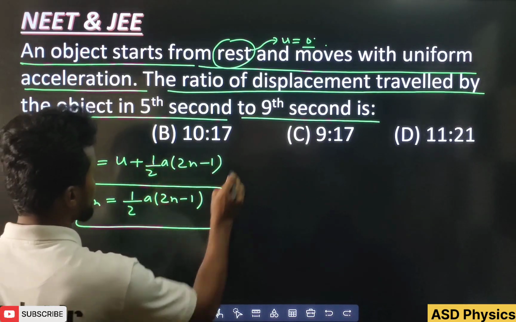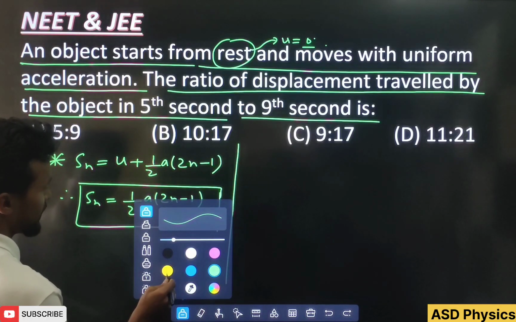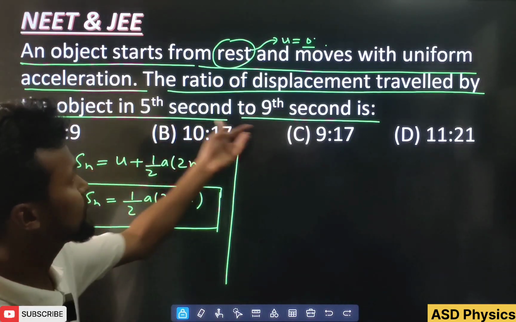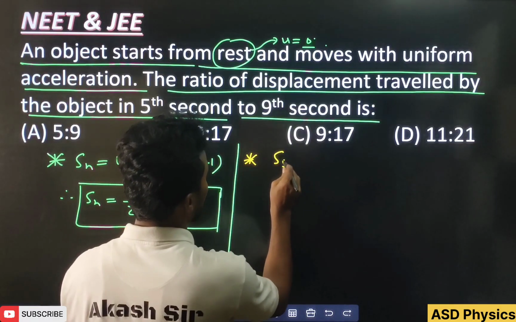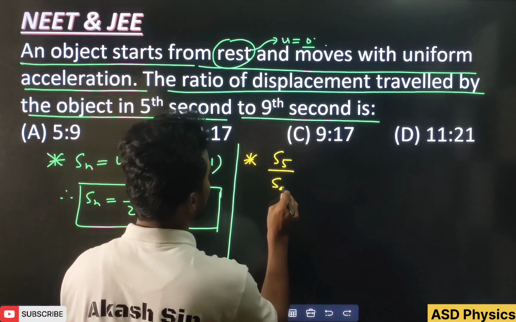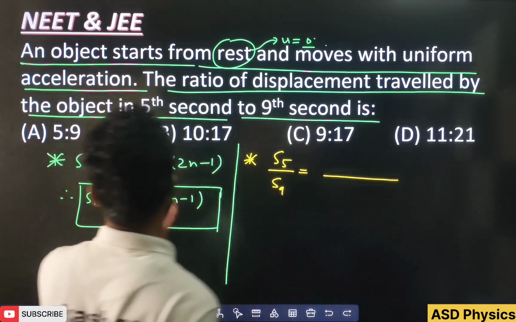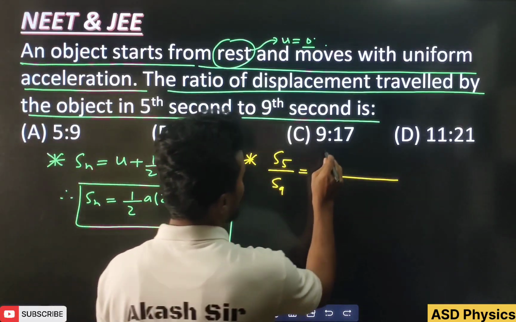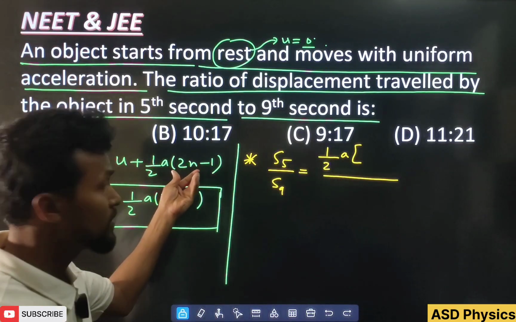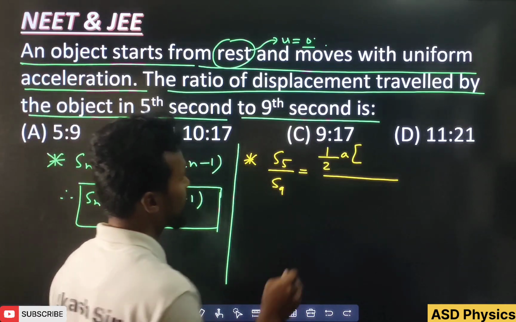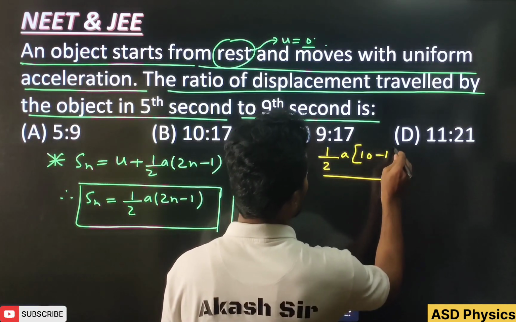And now they are asking for which time to which time ratio. They are asking 5th second to 9th second, is it? So according to the question, if I write S5 by S9, anyhow I can write here half a, now we have to put n as 5. So 2 into 5, that means 10 minus 1.